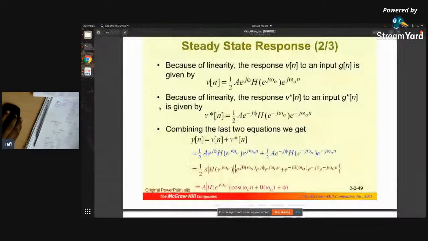What is happening is that for cos omega naught n, the phase will get modified with theta of omega naught, and the amplitude will get modified with mod h of omega naught. So that is what we have seen till now.